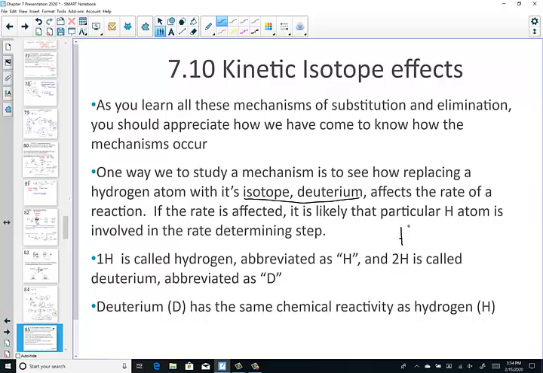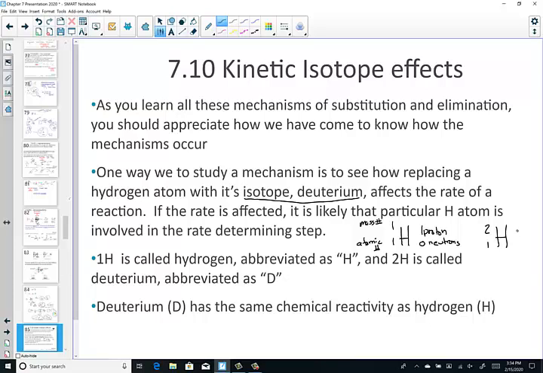Now remember, hydrogen, the most common form, is hydrogen 1/1, where the mass number and the atomic number would tell us that this has 1 proton and 0 neutrons. There is a second isotope of hydrogen. It's hydrogen 2, called deuterium.